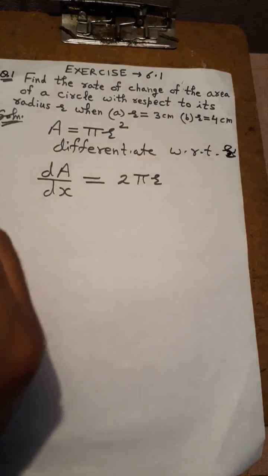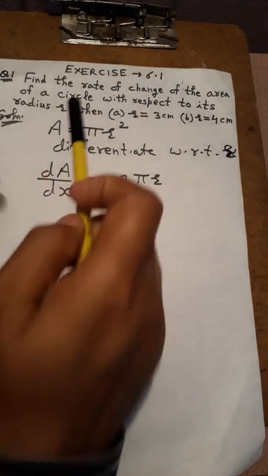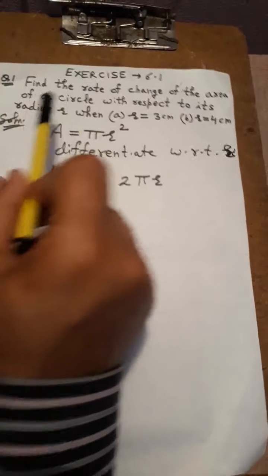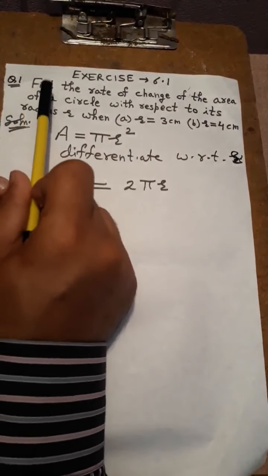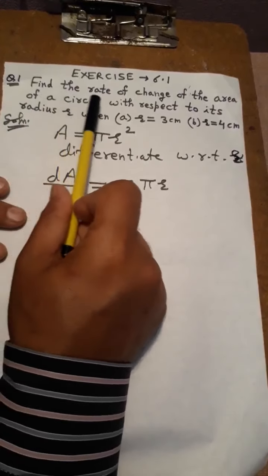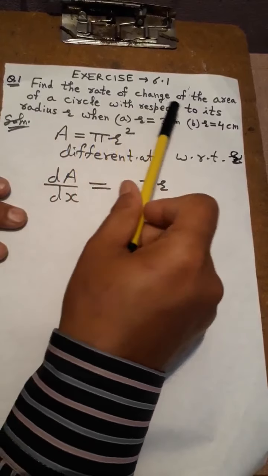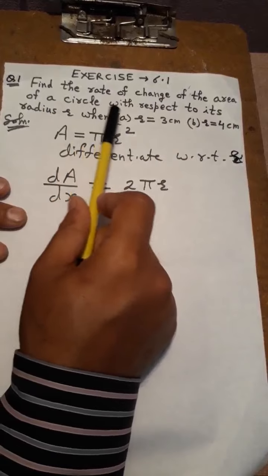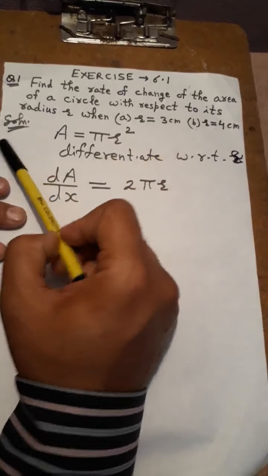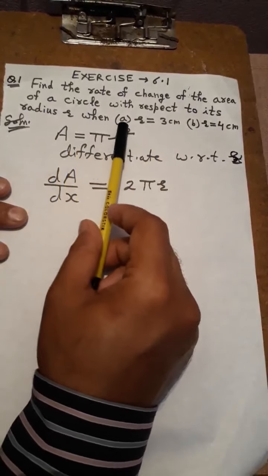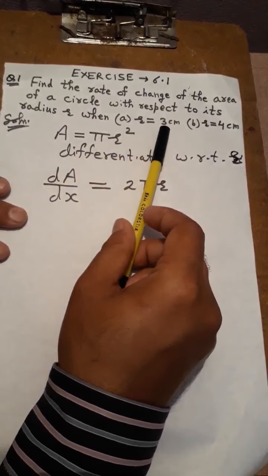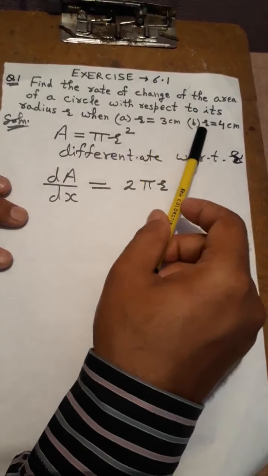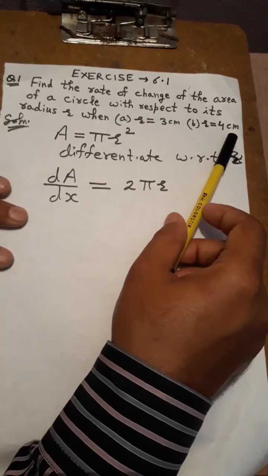Exercise 6.1, question number 1: find the rate of change of the area of a circle with respect to its radius when first part r is equal to 3 centimeter and second part when r is equal to 4 centimeter.